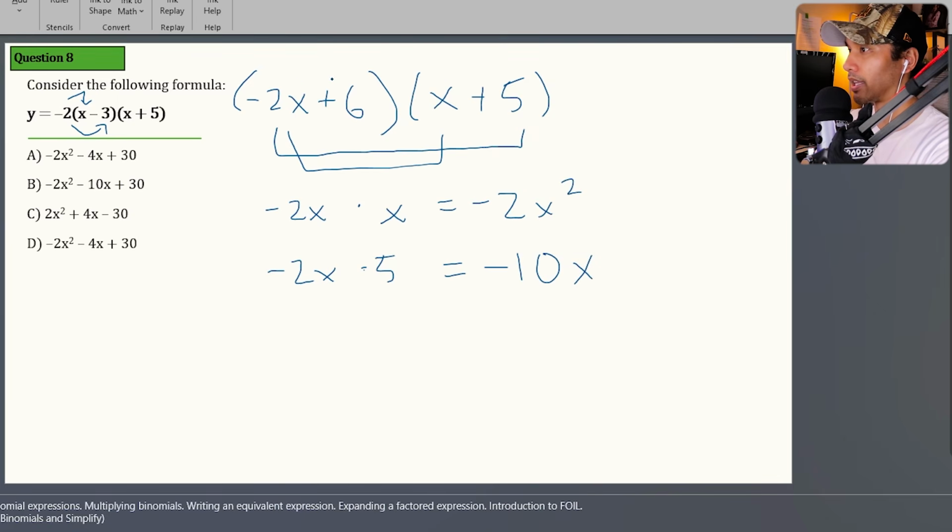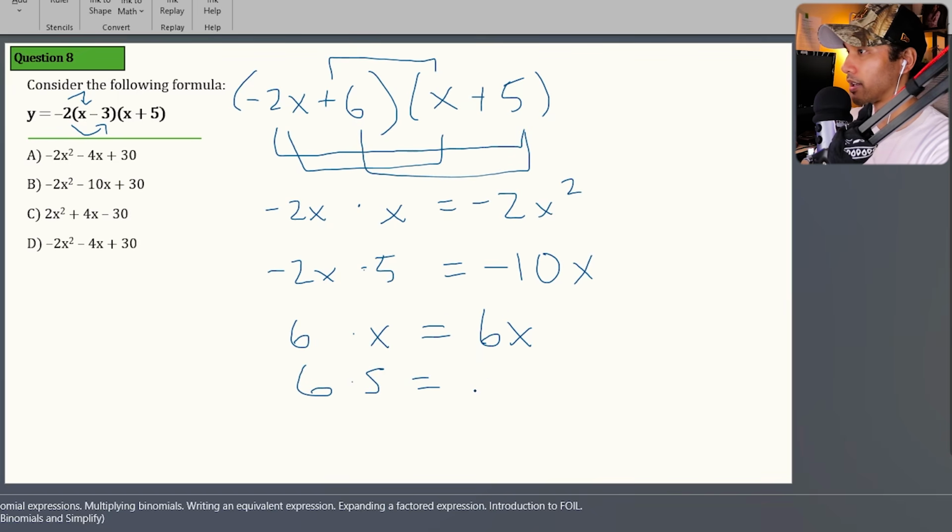That actually equals a negative 10x. Sorry about that. And then we have 6 times x, which equals 6x. And then we have 6 times 5, which equals 30. And then our final formula will be negative 2x squared minus 10x.